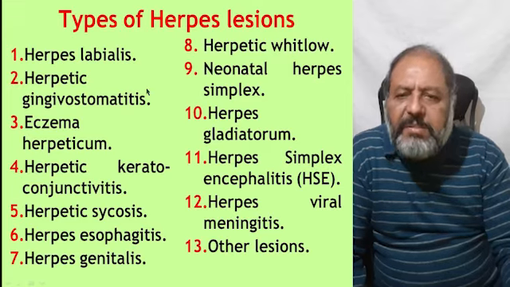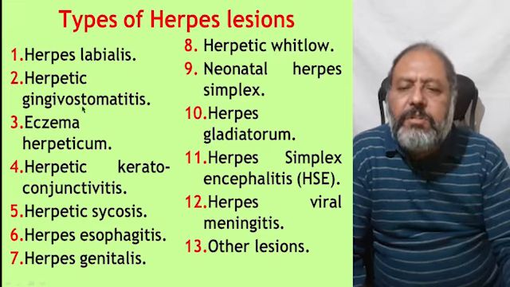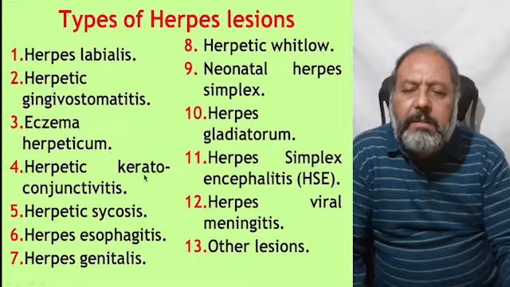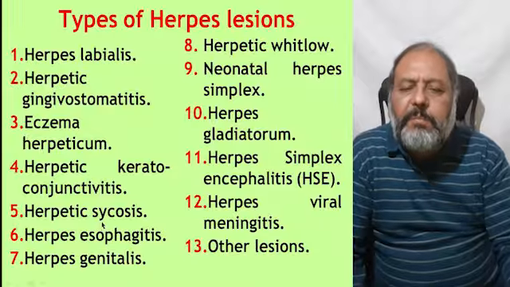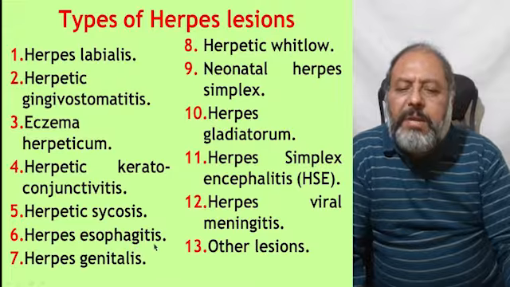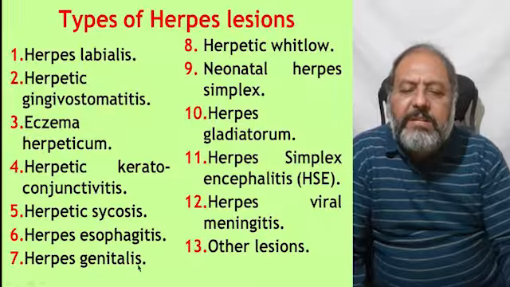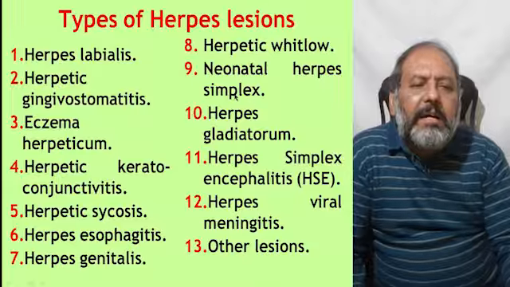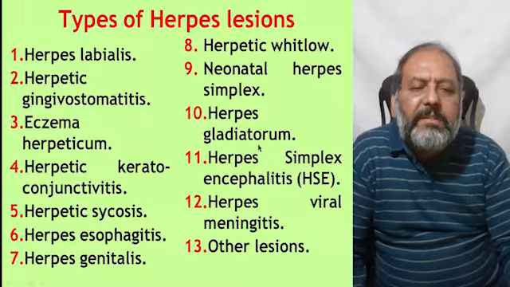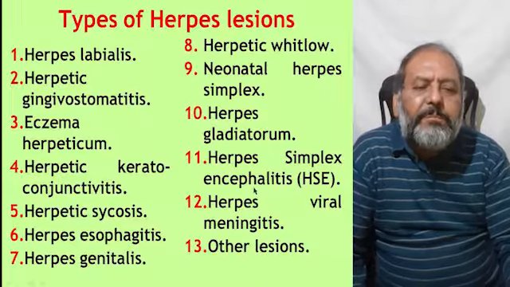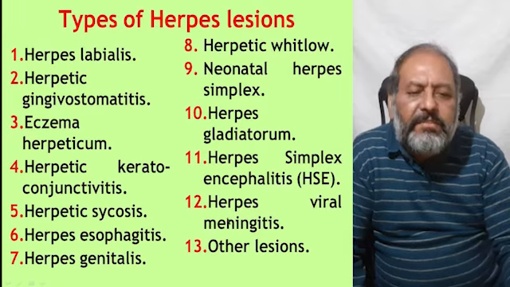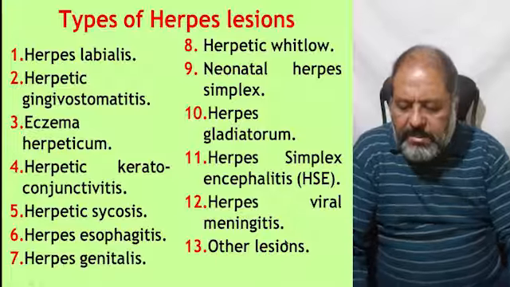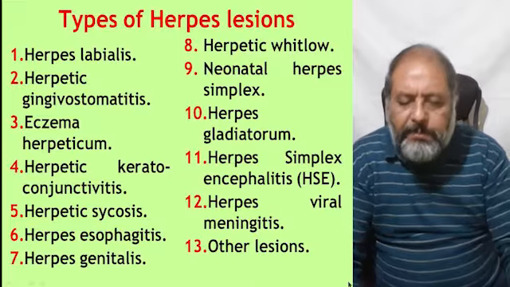These are herpes labialis, herpetic gingivostomatitis, eczema herpeticum, herpetic keratoconjunctivitis, herpetic psychosis, herpes esophagitis, herpes genitalis, herpetic whitlow, neonatal herpes simplex, herpes gladiatorum, herpes simplex encephalitis (HSE), and herpes viral meningitis, and some other lesions which are seen with herpes simplex virus.